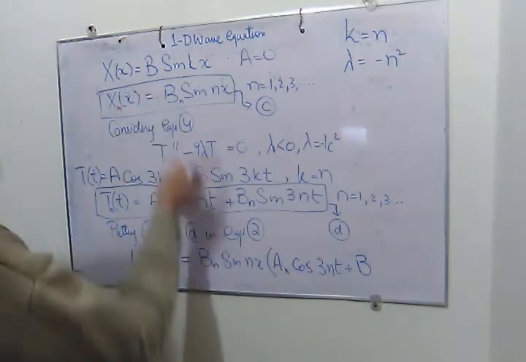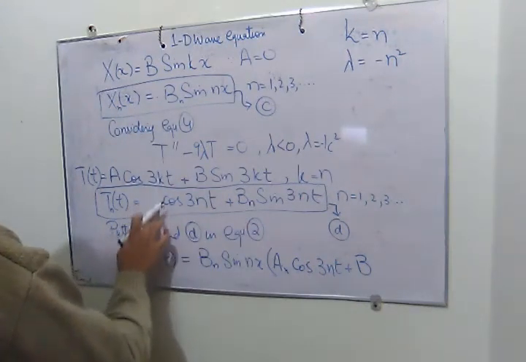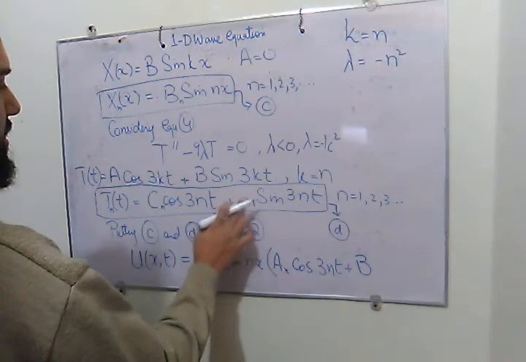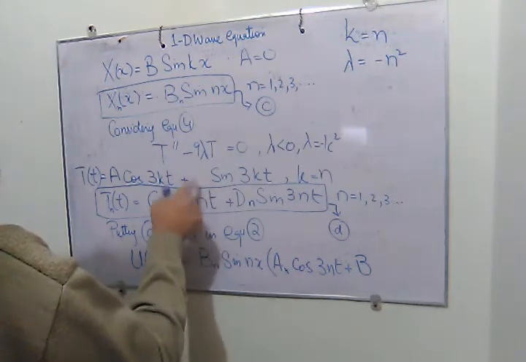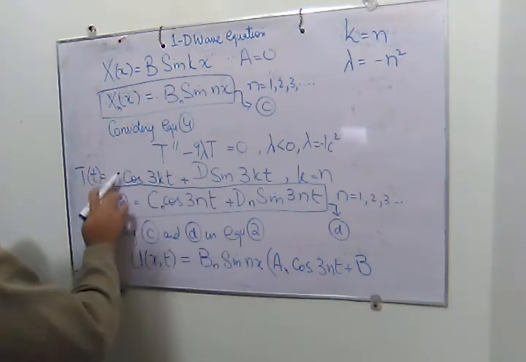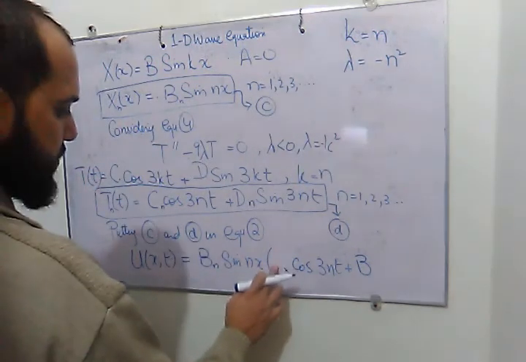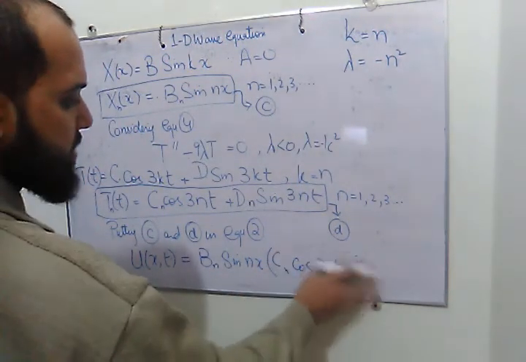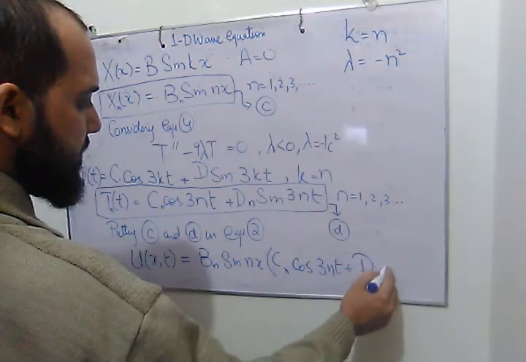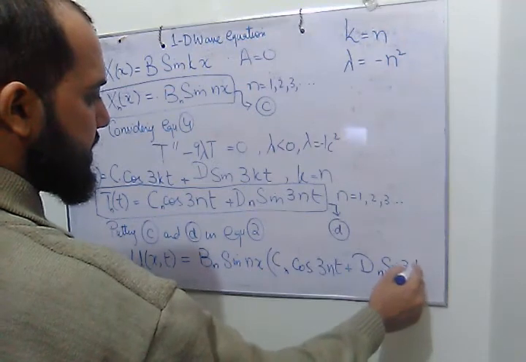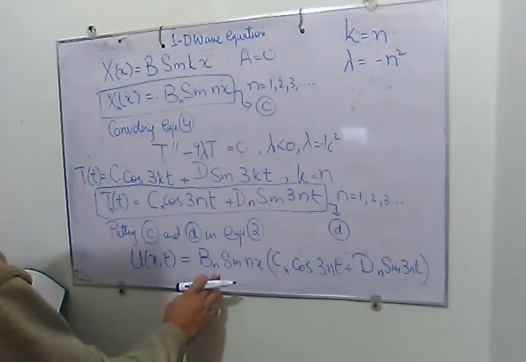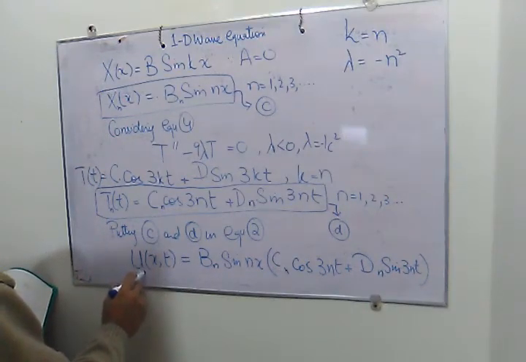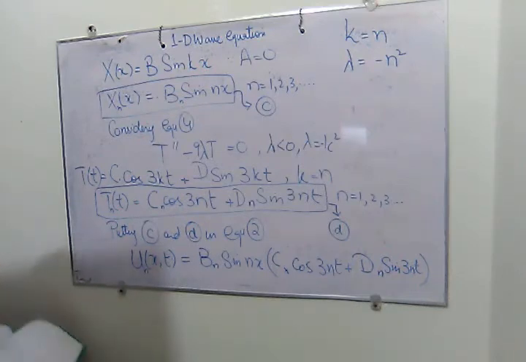So we have to differentiate this b from this b. So we call it C_n and we call it D_n. So here we put D, we will put C. So therefore this will become C and this will become D. Sine 3nt. Now since these are the multiple solutions because of the inclusion of n, this solution also consists of several solutions, so we have to put n here which shows the multiple solutions.